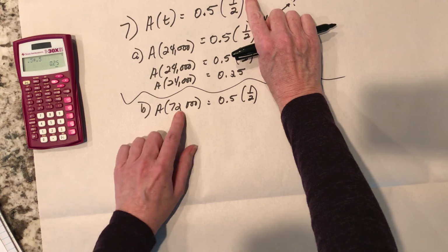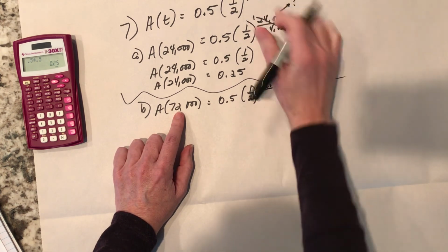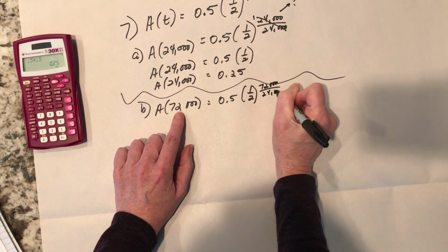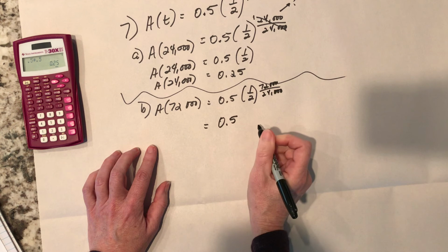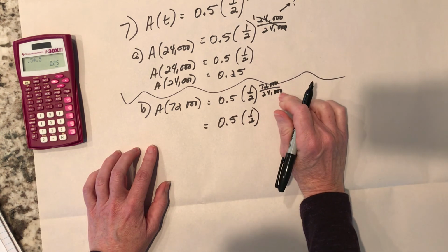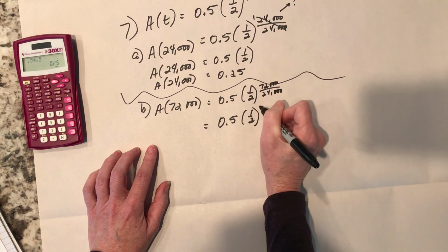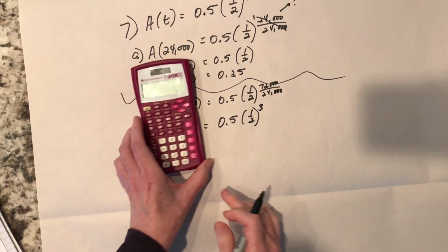The time we're being asked to look at is 72,000, and its half-life is 24,000. So let's keep moving on here. Here's our half of a kilogram, 1/2. 72,000 divided by 24,000, that'll give you 3. And then we're just going to grab our calculators for the rest.